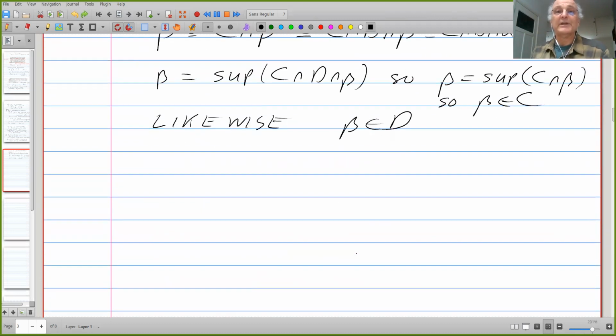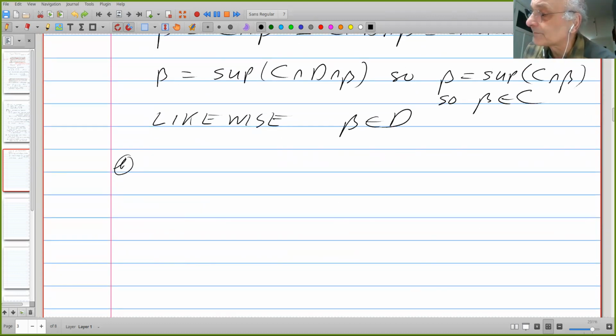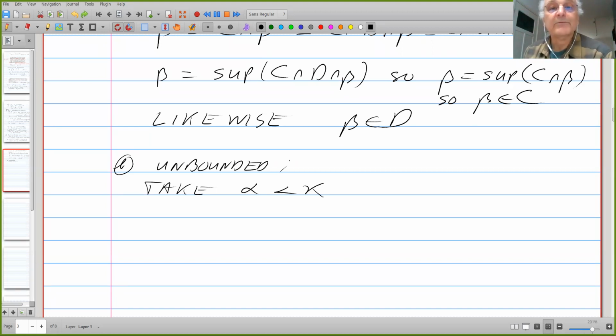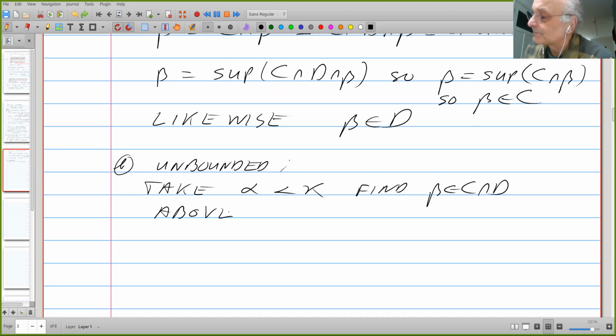Okay, closed. Now we need to show that it's unbounded. Take an alpha in kappa, and we need to find, I don't know, what shall we call it, beta in C intersect D above alpha. Well, that's easier than you might think.